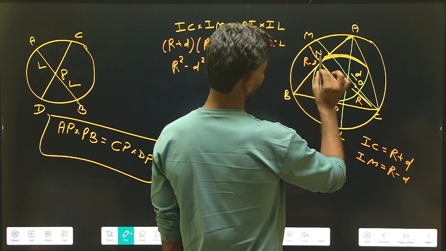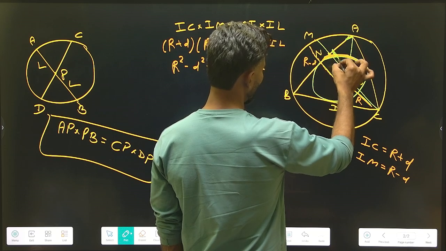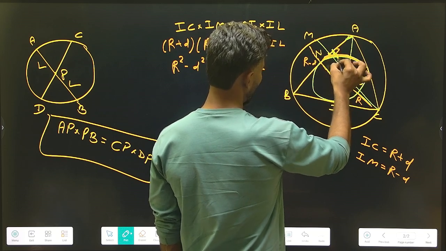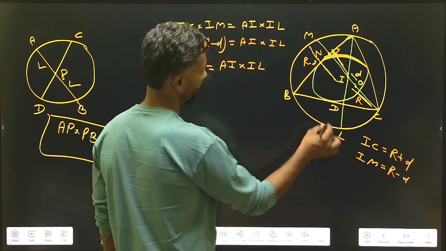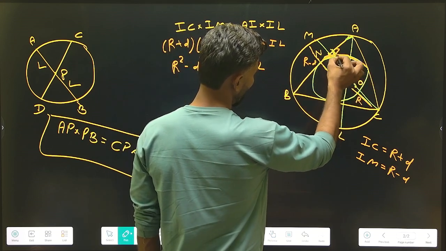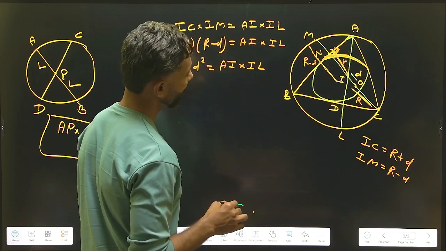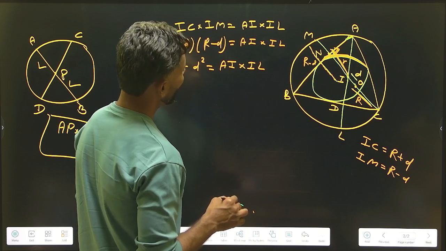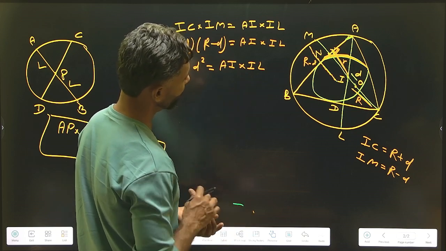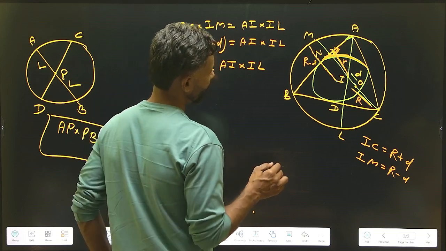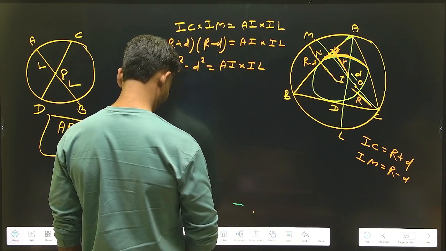So this point is N, and this particular inradius makes 90 degrees with the side of the triangle. This line is small r. Now in the triangle, I have to replace AI. You have to tell me this is the angle bisector. Let me correct this in just a minute.